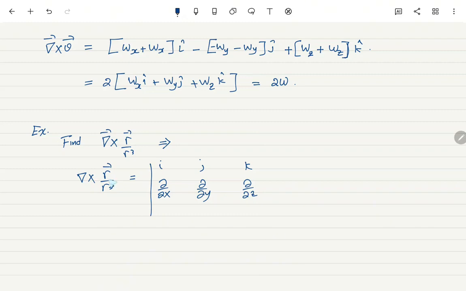The x component for r over r cubed is x over r cubed, this is y over r cubed, and this is z over r cubed.